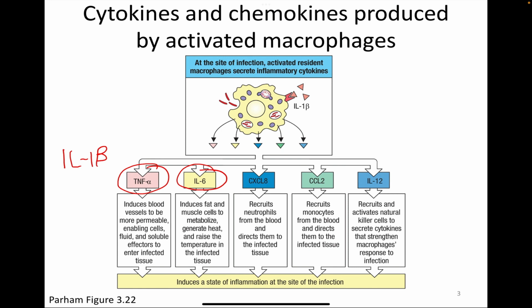You can see that these cytokines, as well as some of the others that are made, will lead to a number of different changes in the body in order to lead to this state of inflammation, to block replication of microbes or to clear them, to somehow end this infection problem.